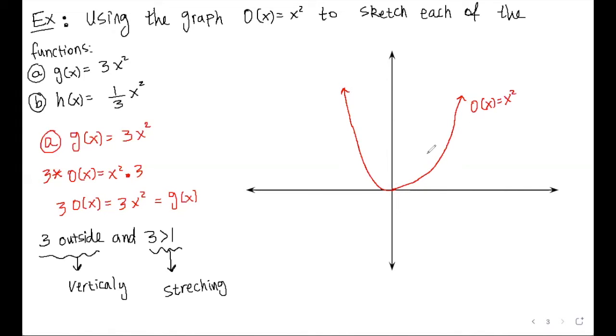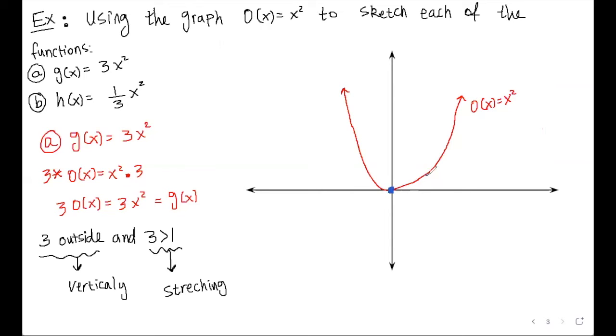This is the original function. Now to graph this function, we have to do vertical stretching for the original function. Vertically means like that. The stretching means all points go up, but the 0 still remains. Here's 0.